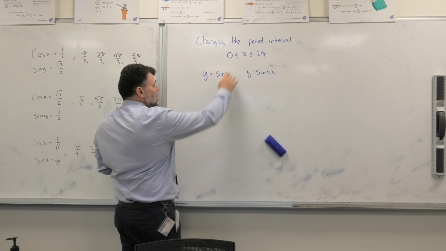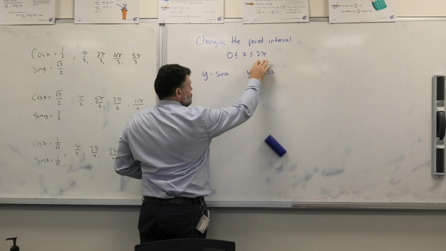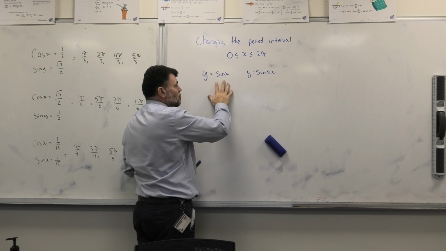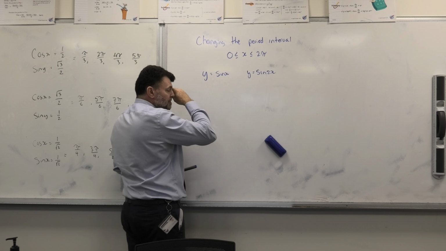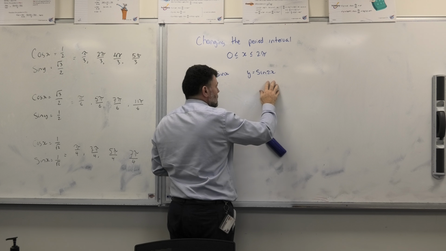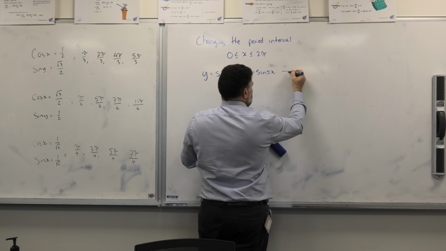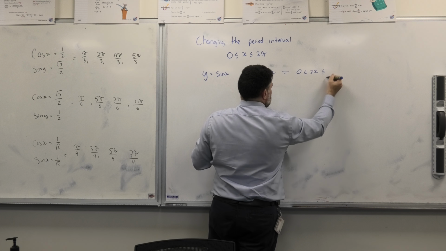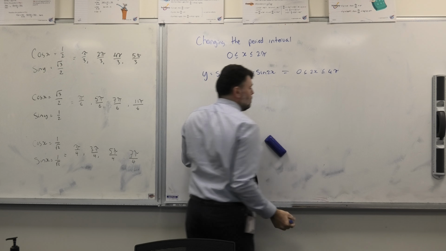So for instance, 0 less than or equal to x less than or equal to 2 pi would be a fit for y equals sine x. However, if I had y equals sine 2x, then I have to rewrite this as 0 is less than or equal to 2x, which is less than or equal to 4 pi.